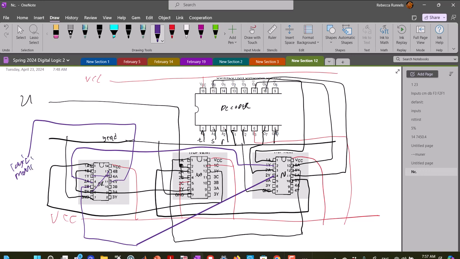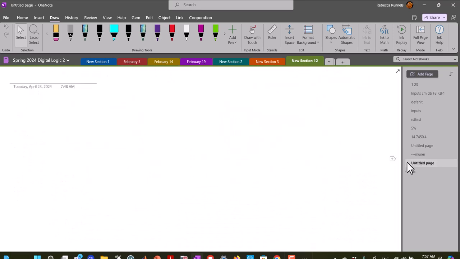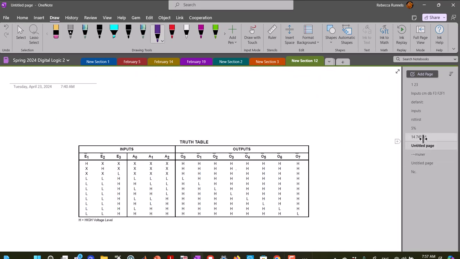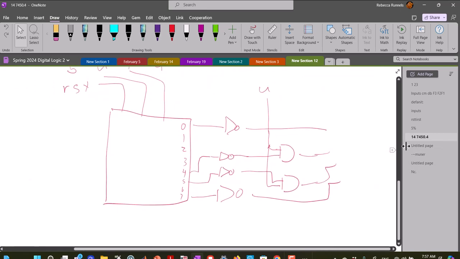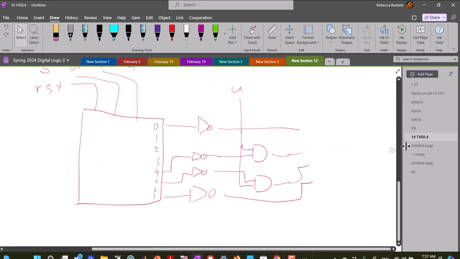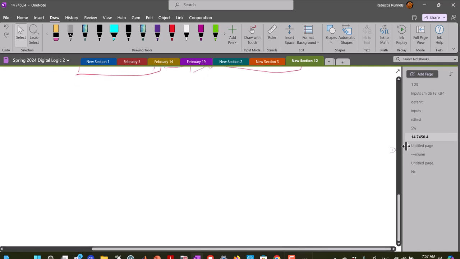Logic monitor. So on your circuit diagram, which I thought I drew right here, this is the NOT gate, so that's a different one. So here, this would be your circuit diagram.